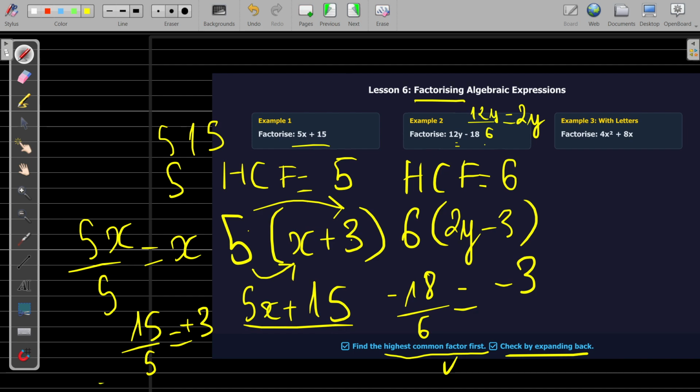So that is our answer right there. Be careful with the signs, of course. You need to write the negatives. So close the bracket, and the answer is 6 bracket 2y minus 3. Of course, you want to check by expanding them back in your head. It works because 6 multiplied by 2y is 12y, and 6 multiplied by minus 3 is minus 18.